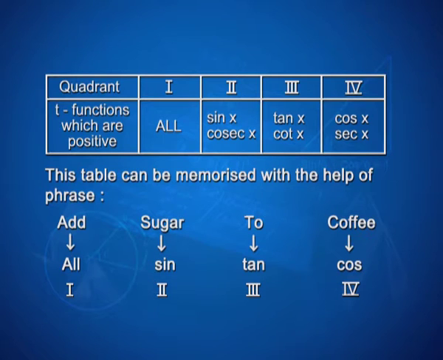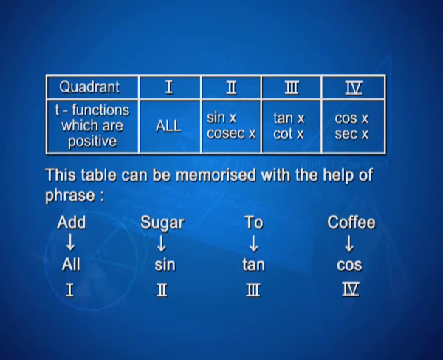Similarly, the first letter of the word Sugar, S, you can take it as sin, and its reciprocal are positive and all others are negative. Similarly, the first letter of the third word To stands for tan and its reciprocal cot.